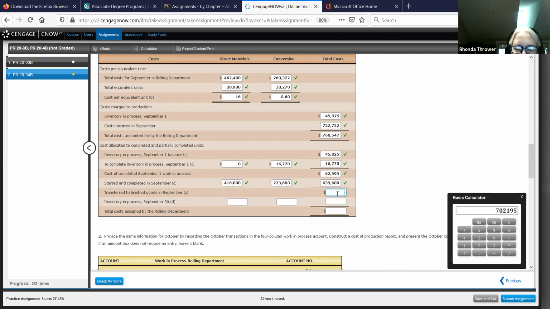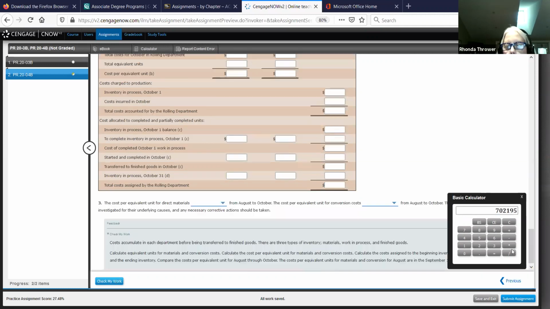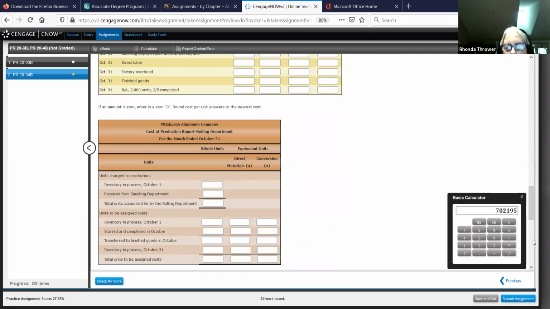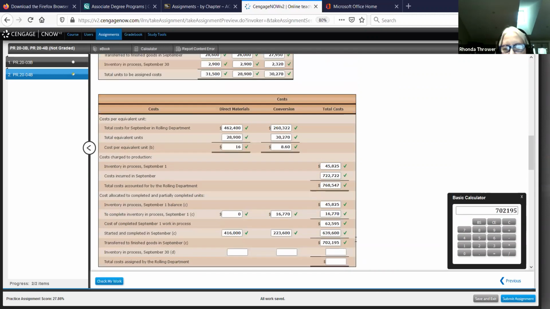So 702,195, if I've added that right, is the cost of my transferred units.